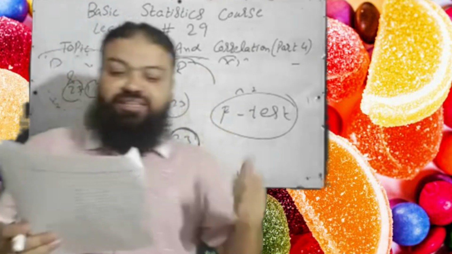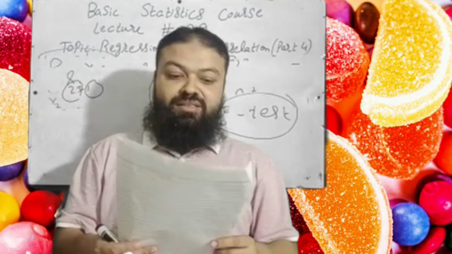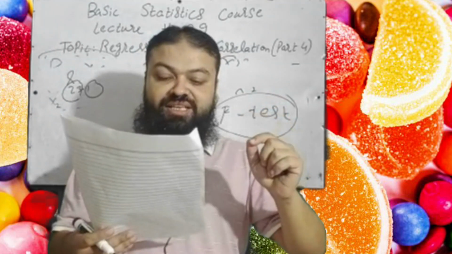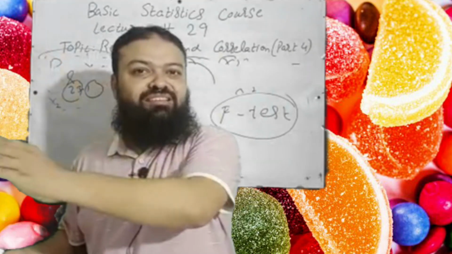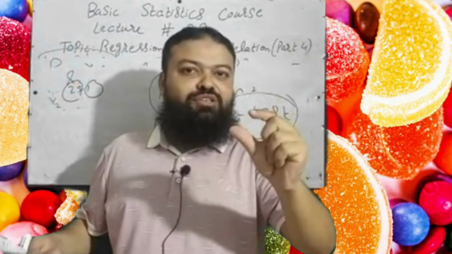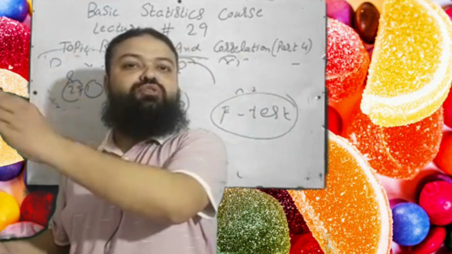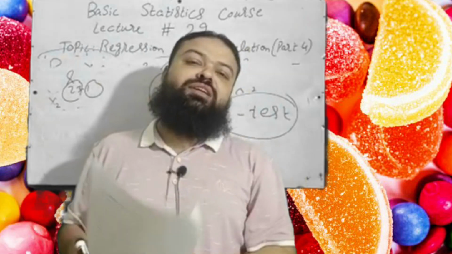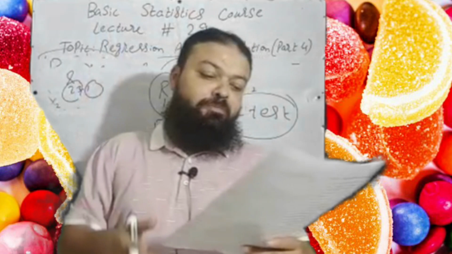That is the correct option in the exam. Question number 13. The range of partial correlation coefficient I discussed with you. The range of the regression coefficient is minus infinity to plus infinity. Range of correlation coefficient is minus 1 to plus 1. Range of multiple correlation is 0 to plus 1. And the range of partial correlation coefficient is always from minus 1 to plus 1. That is the correct option.